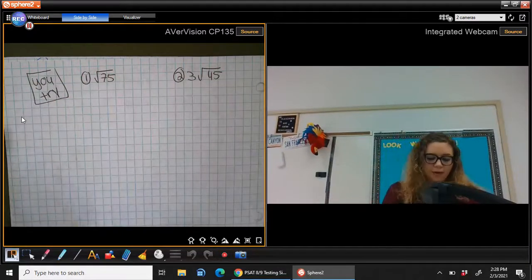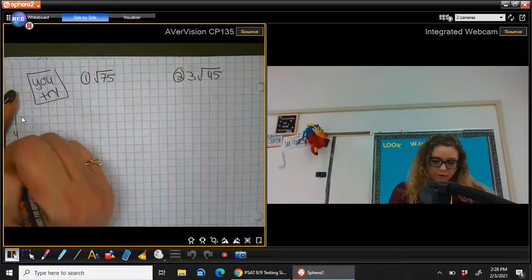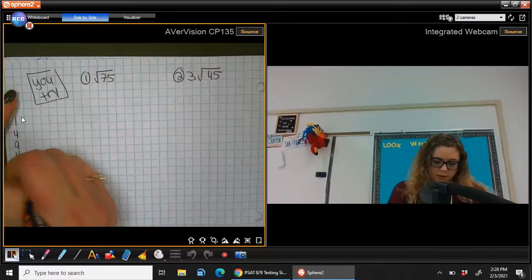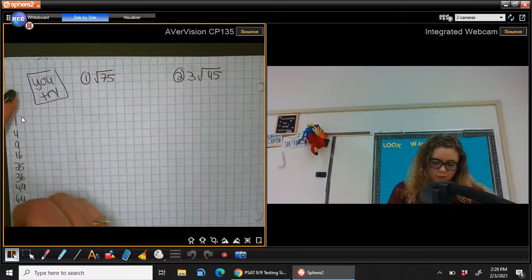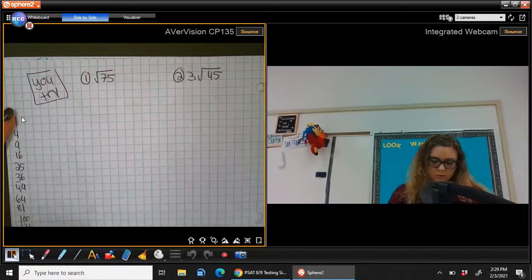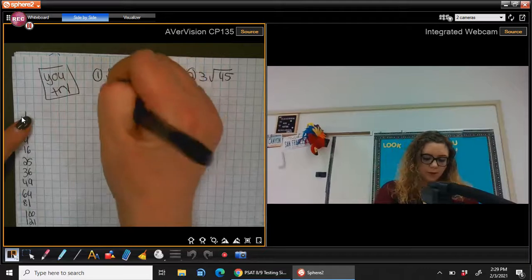Okay, welcome back. The first thing I'm going to do is just write out all my perfect squares. Again, it would help if you have this memorized. Okay, so let's look at 75.